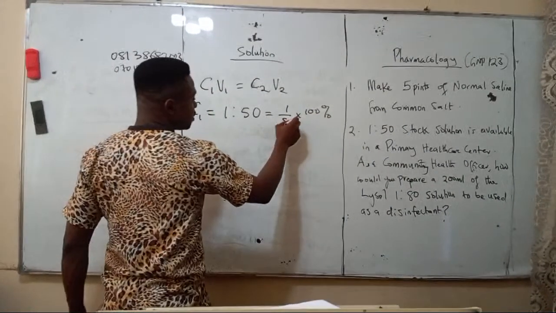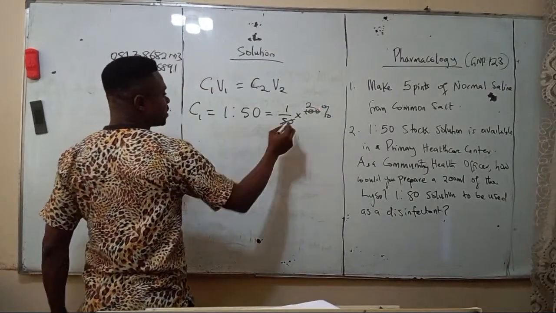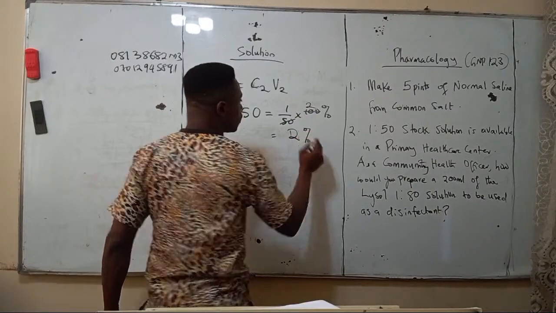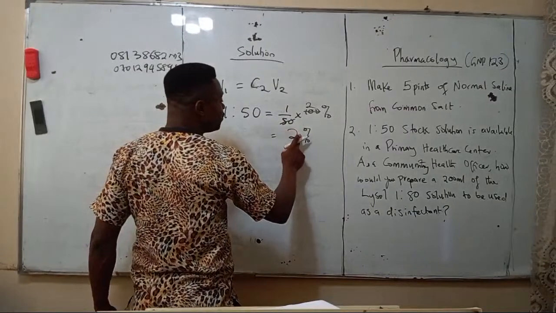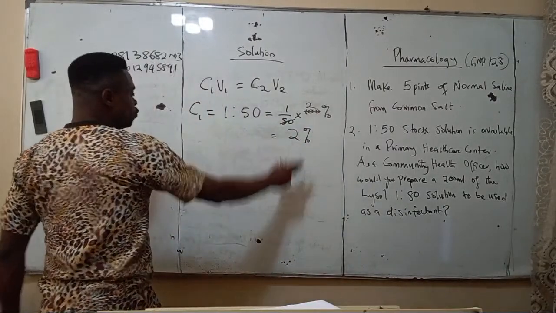So 100 divided by 50 is 2%. So the percentage strength is 2%, because it's liquid, volume in volume. Let me just leave it at 2%.